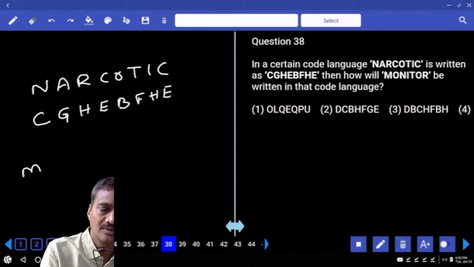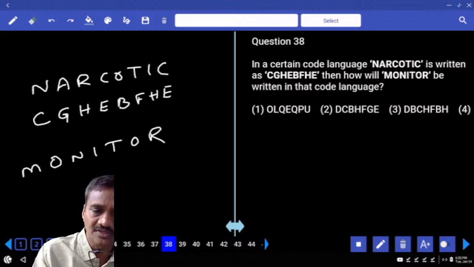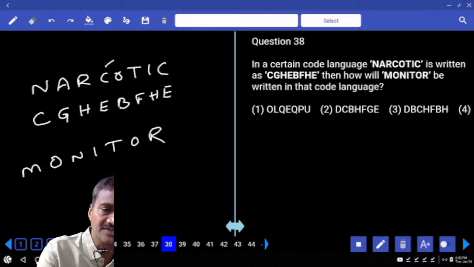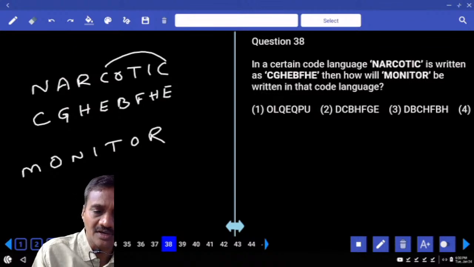MONITOR. Any answer to this one here? R and C are the same here. And R and I, again we are getting the same. What is the value of R? 18. 18 means 1 plus 8 is 9. And I is also the 9th letter.